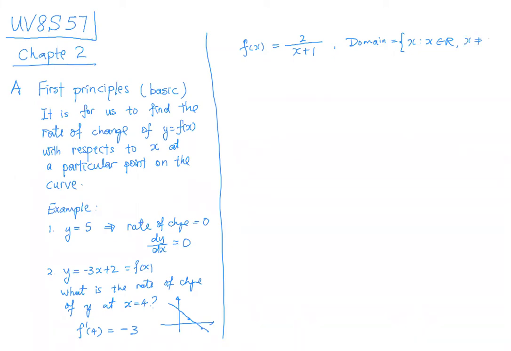Because the bottom here cannot be 0. Please remember. If you don't remember, I cannot help you. And I tell you, whatever I'm going to teach now is your SAT 1.